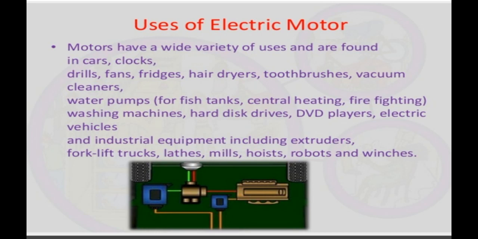Second, by increasing the number of turns in the coil. You can increase the area of cross section of the coil. The speed of the motor can also be increased by increasing the strength of the radial magnetic field, which means instead of using a permanent magnet, we can go for an electromagnet, so that we can increase or decrease the speed of the motor.